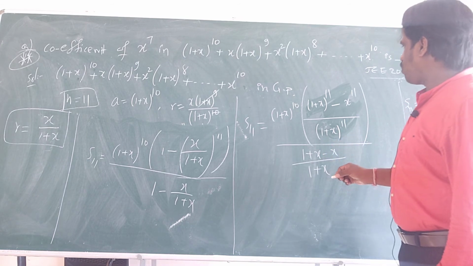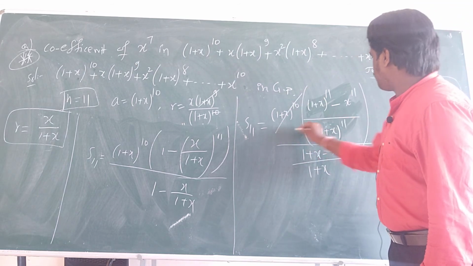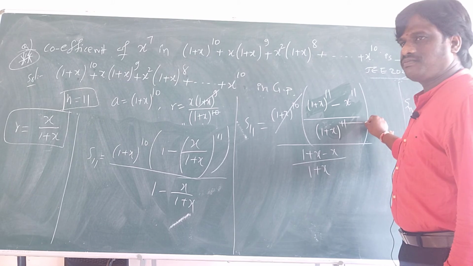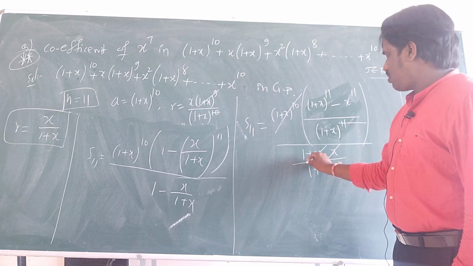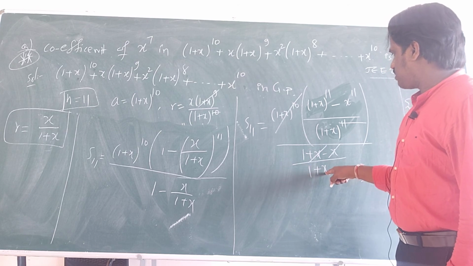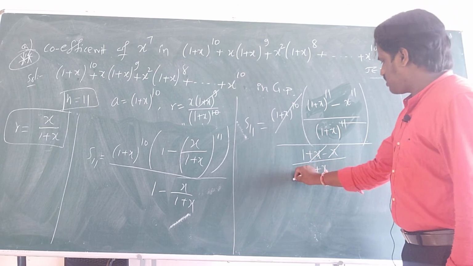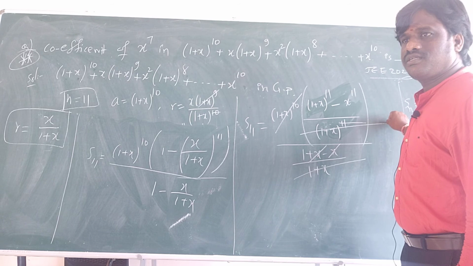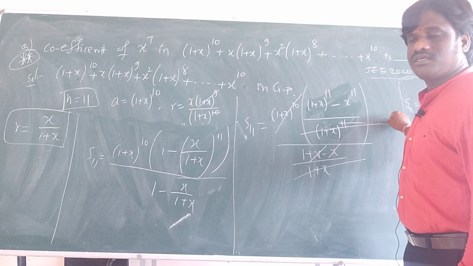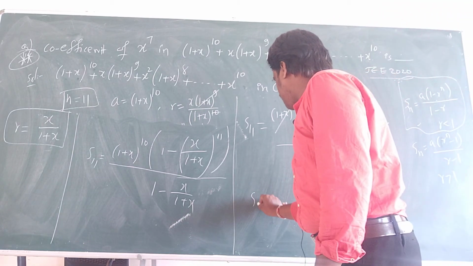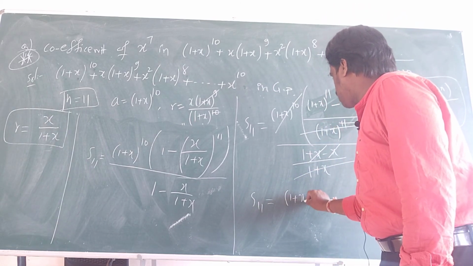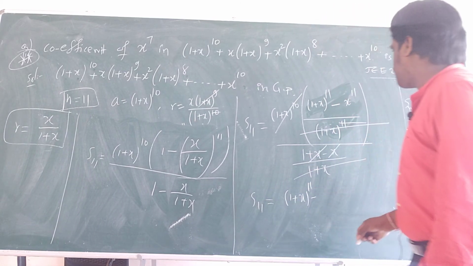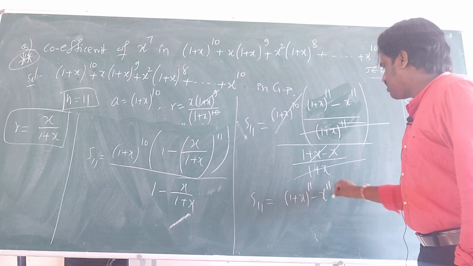So power 10 became power 11, and plus x minus x is gone, leaving 1 by 1 plus x. This 1 plus x is gone. So what is left? S11, the sum, is (1 plus x) to the power of 11 minus x power 11.